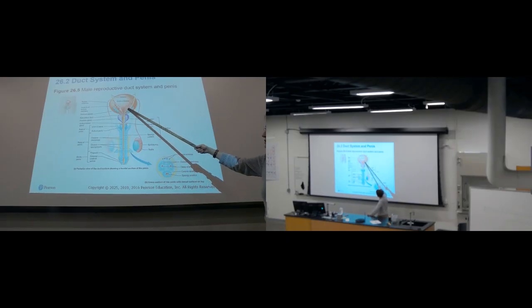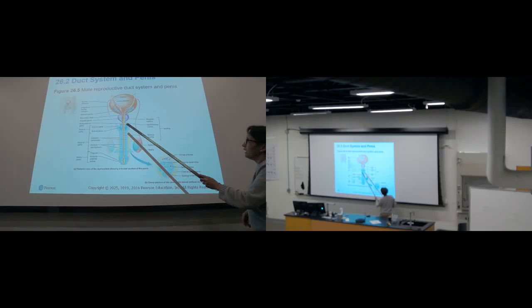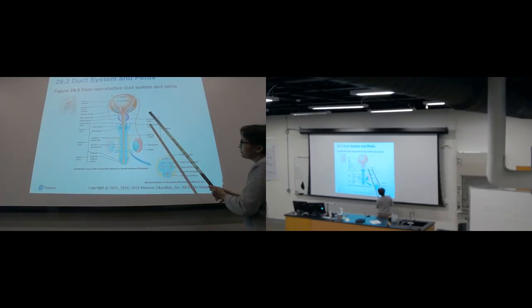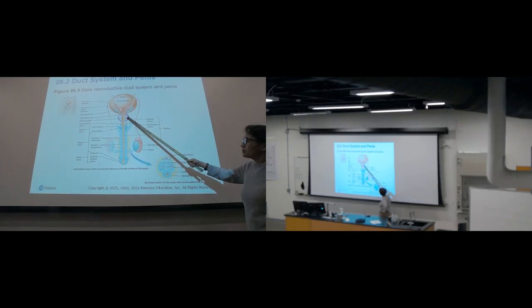So then this ampulla of the ductus deferens, and these seminal vesicles are going to empty their secretions into the ejaculatory duct. And then the prostate gland is going to have several openings within this region so that it also can secrete its secretions.